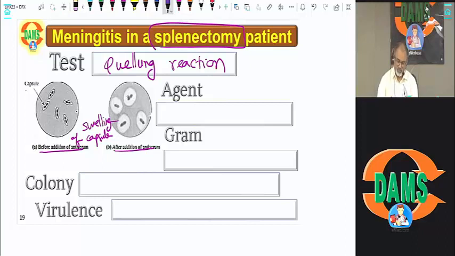What is the agent? Pneumonia, because it is diplococci. See, flame shaped diplococci. So it is Streptococcus pneumoniae.